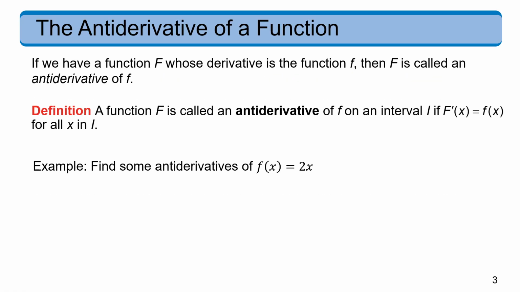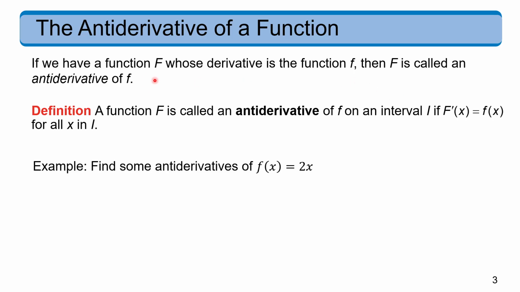Now we'll present the formal definition of the antiderivative based on our previous discussion. So the idea is you're starting with some function we'll call little f, and the goal is to find some other function which we'll call capital F, whose derivative, when you take the derivative of capital F, you get the function you started with. Here's one way to phrase it.